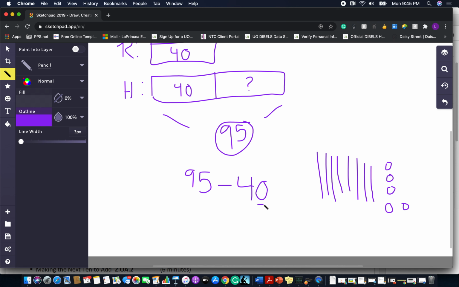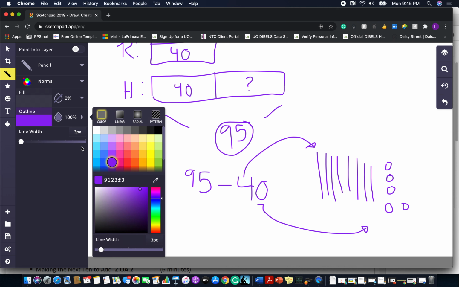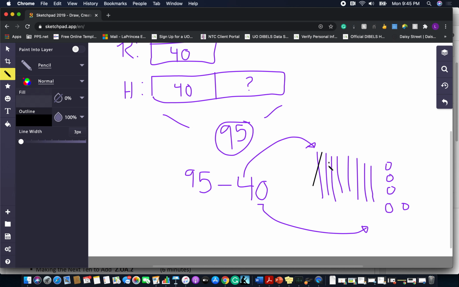I don't need to take away any ones, which are those little dots there, but I need to take away 4 of those tens. So I'm going to cross out 4 of them. 1, 2, 3, and 4.